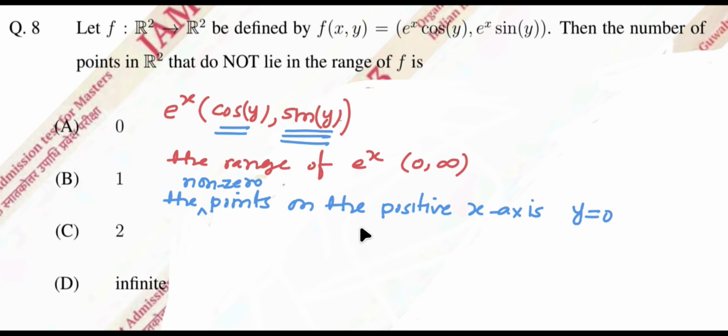So we are getting all the non-zero points on the positive x-axis. Here I have mentioned non-zero points, and now I go for the negative x-axis.